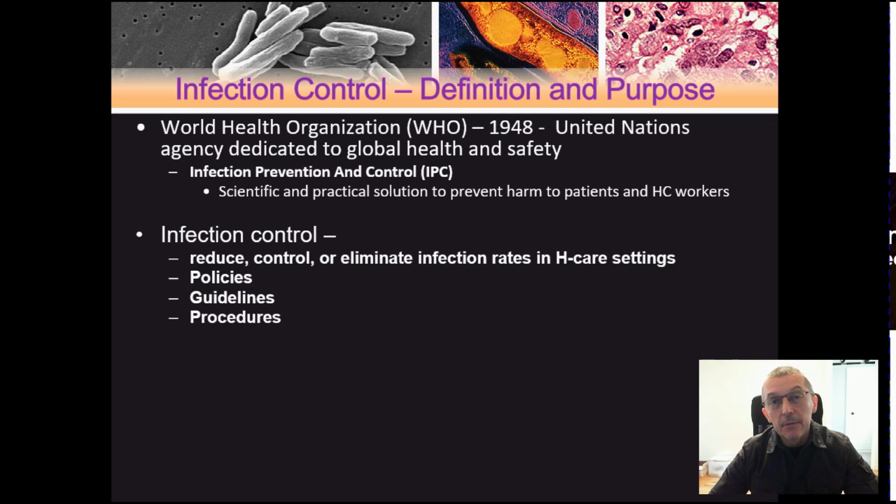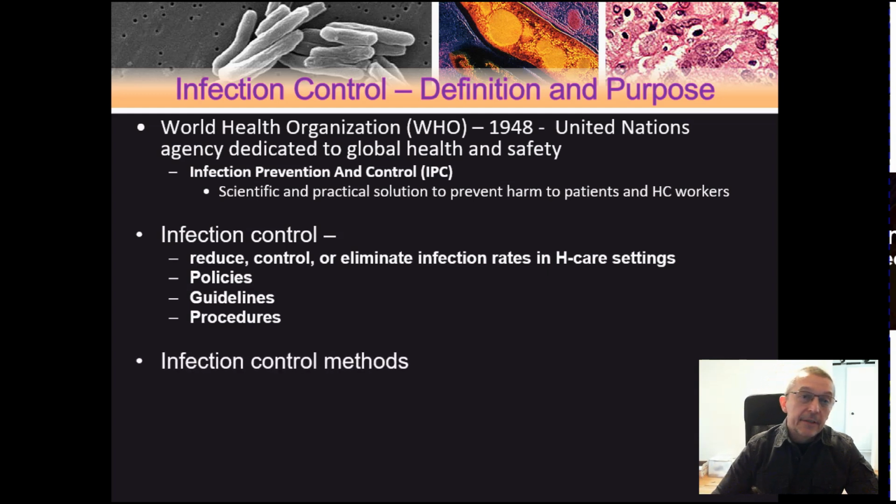For example, like we had during the pandemic, all the nations come together, they all try to find information and put them together in order to help the entire world combat these issues.